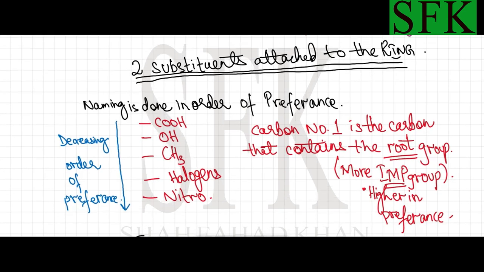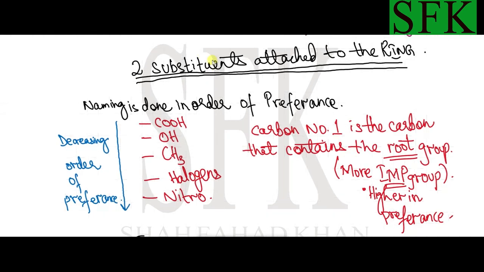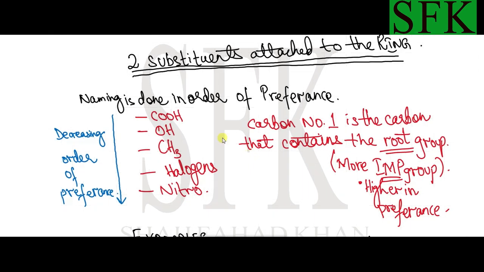Then when two different substituents are attached to benzene ring, meaning two different functional groups are attached to benzene, what do we do in that case? The naming is done in order of preference.